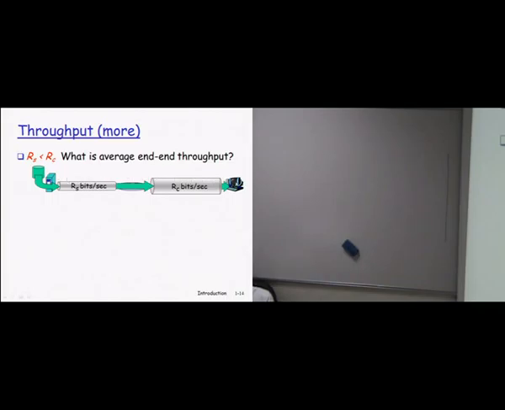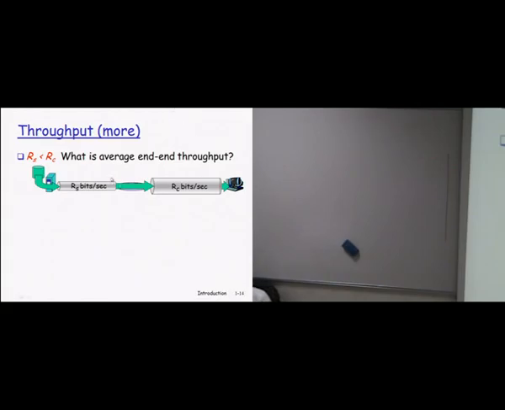But when you take the average, it will be different. Clear? So what is the average? We are asking about the average, not the instantaneous. We studied two types of rates: instantaneous, at a given point in time, and average rate over a longer period of time from source till destination.